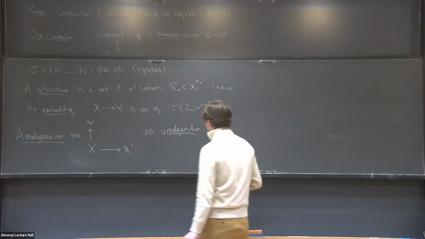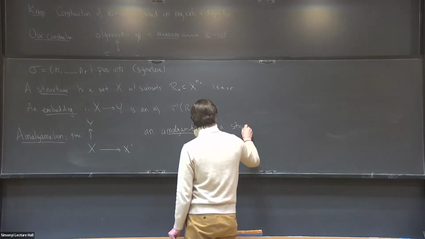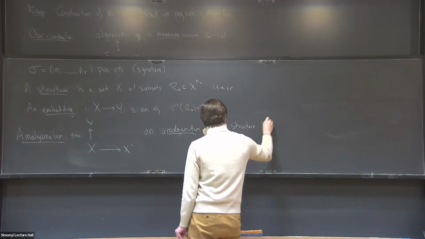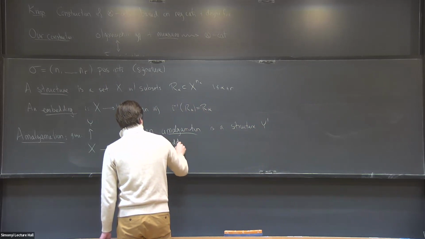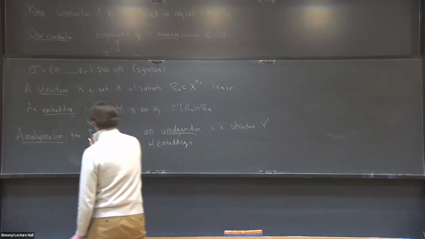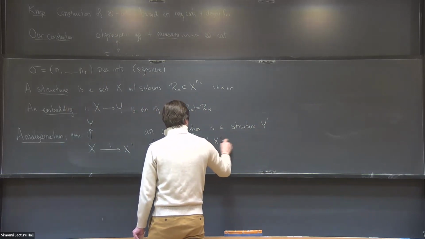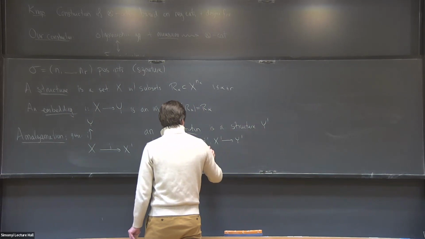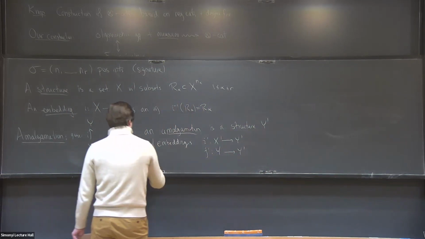So I'm going to describe this formally in the following way. It's a structure y prime with embeddings of y and x prime. Let me call these i and j. i prime going from x prime to y prime, and j prime from y to y prime, such that the diagram commutes.